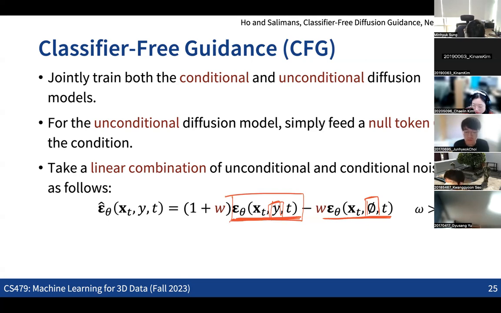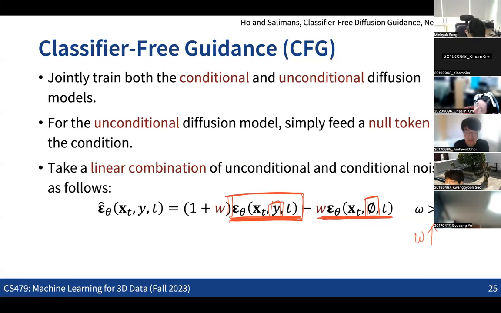And if we increase w to be greater, we are giving more weight to the noise for the conditional case, while deviating more from the noise predicted for the unconditional case.